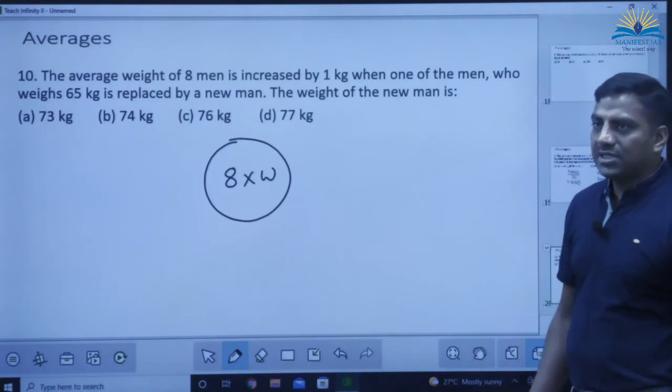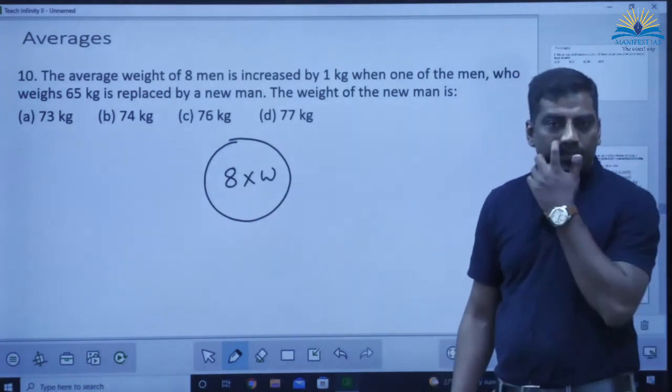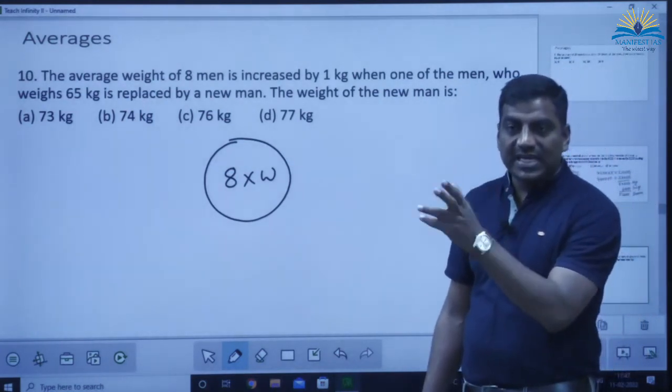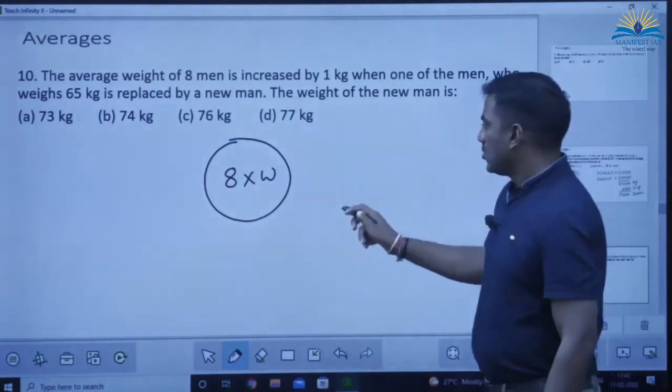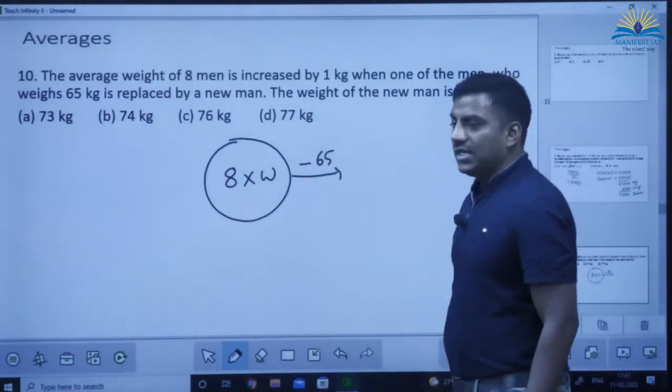That means the person weighing 65 kg is going out, yes or no? Because the man who is weighing 65 kg is replaced. So basically, the man who is weighing 65 kg has gone out.